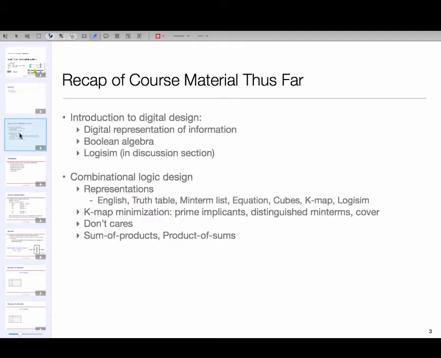Just to recap, the previous module was about how to take an arbitrary function, intended as a combinational logic, and implement it. The biggest example we had was perhaps 5 or 6 variables.